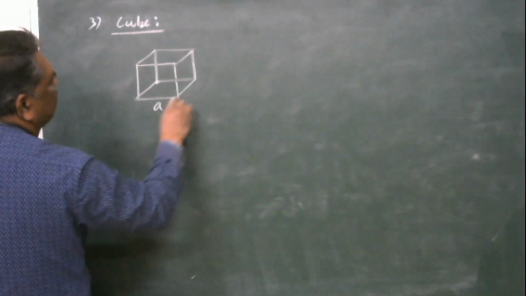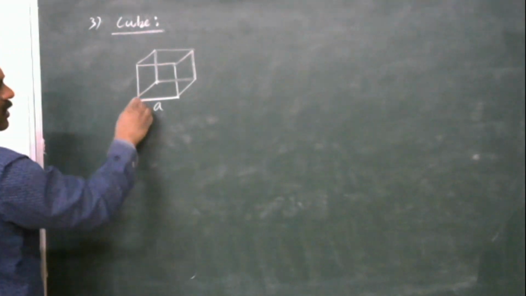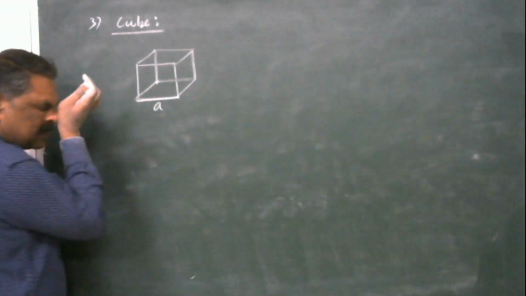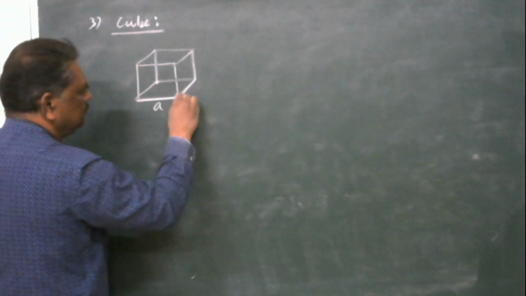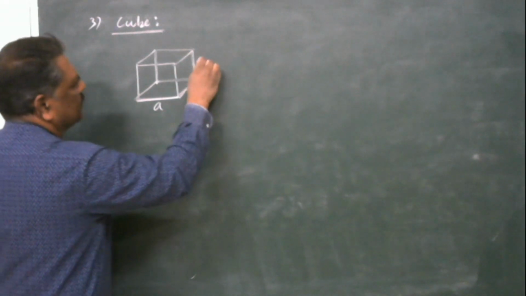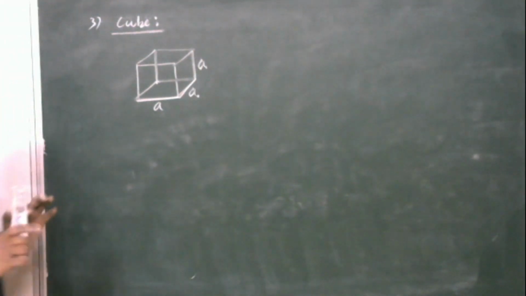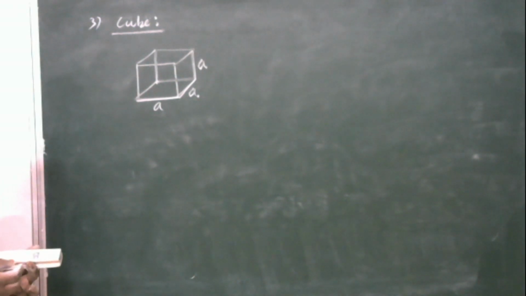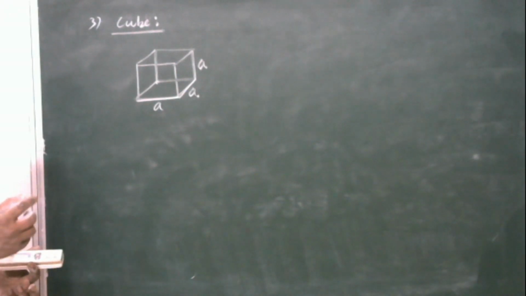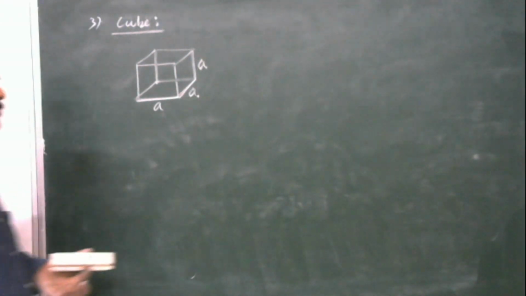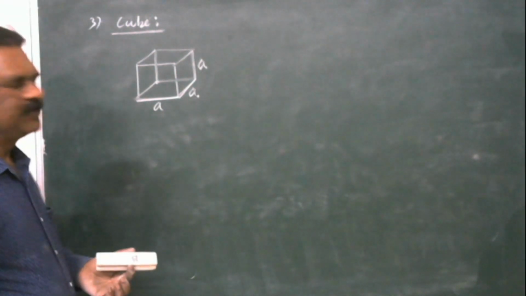Okay, cube: length, breadth, and height are all equal. It's just a cubical box. The box has length, breadth, and height, all three the same.